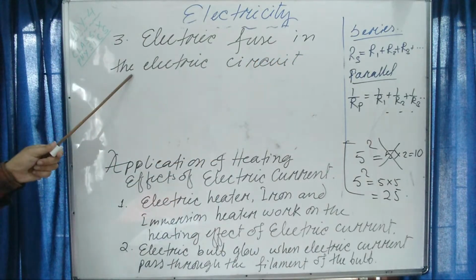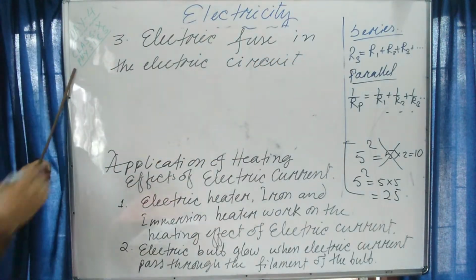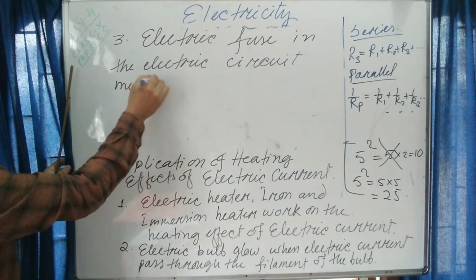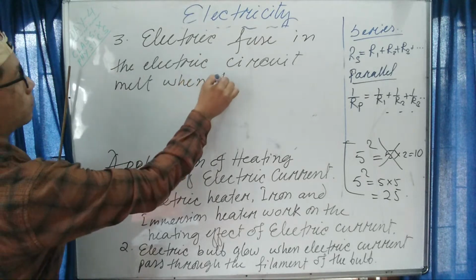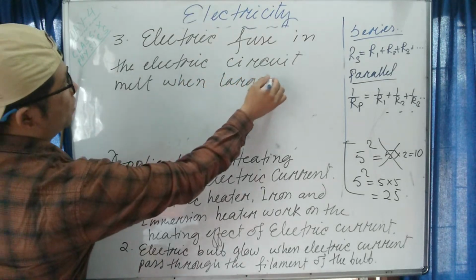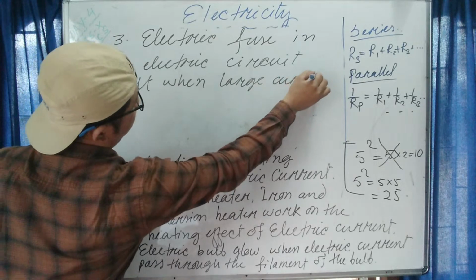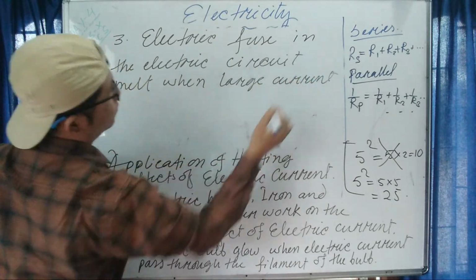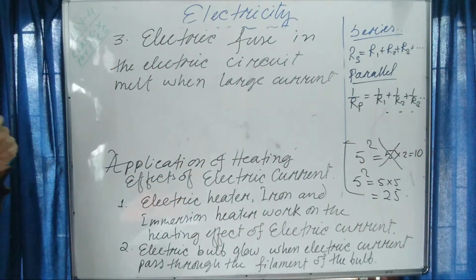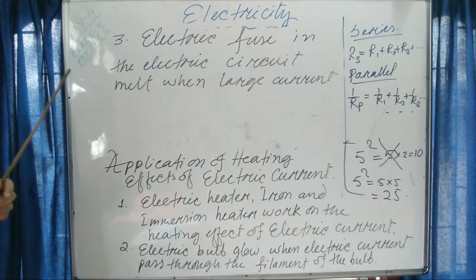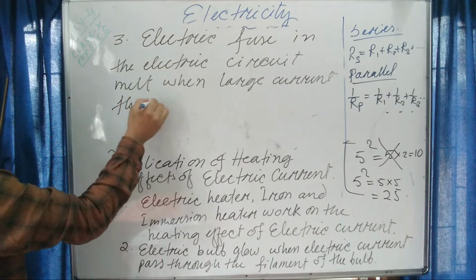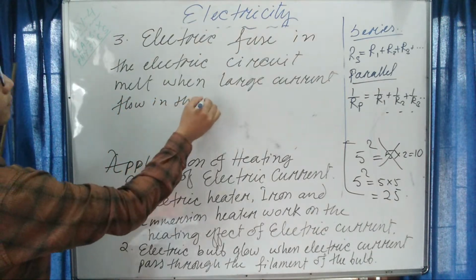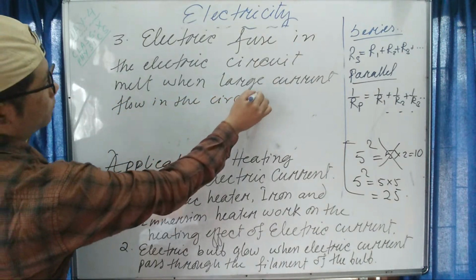Electric fuses in electric circuits melt when a large current, or you can also say a high voltage current, flows in the circuit.